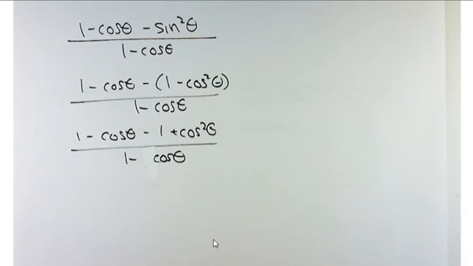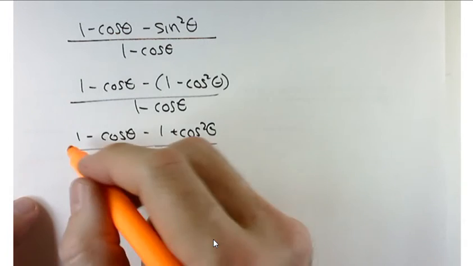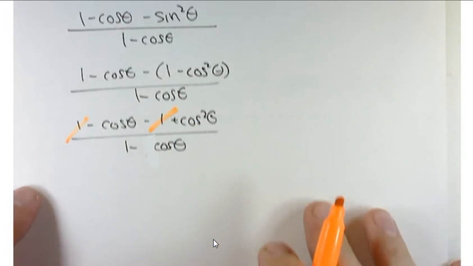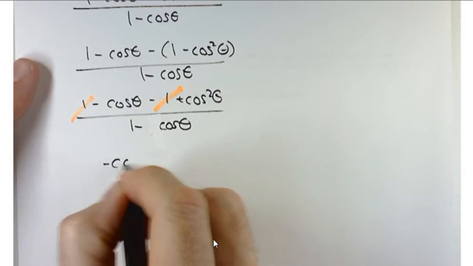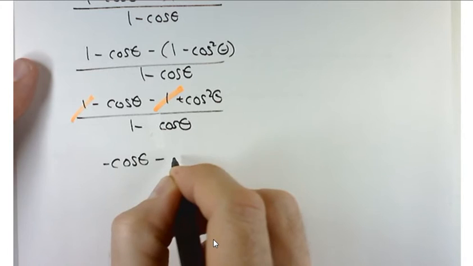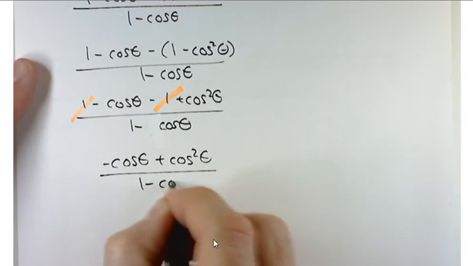Have we gotten anywhere? Does it at least look promising for some reason? What can I do with this step? Cancel out the ones. At least we finally got rid of something. I mean, for a while it seemed like we were getting more and more complicated, but now it seems like it's getting a little bit easier. So it leaves me with minus cosine of theta plus cosine squared of theta over 1 minus cosine of theta.